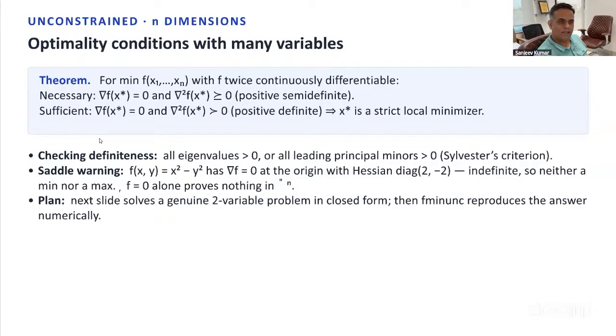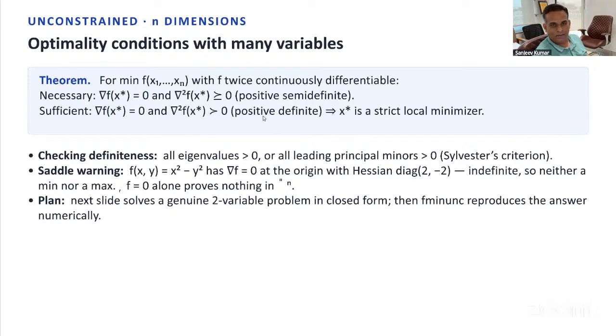And the sufficient condition is that if this Hessian at that point x star, where the gradient is zero, is positive definite, then x star is a strict local minimizer. To check whether it is a global minimizer, if you have a closed region, then you can check the value at the boundaries also.